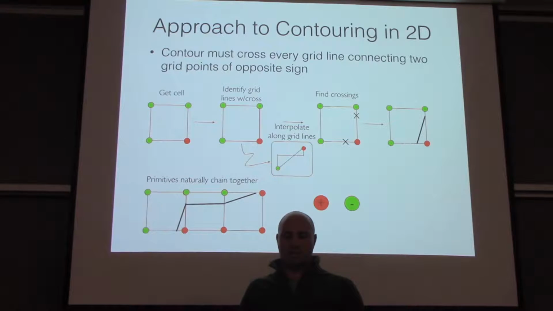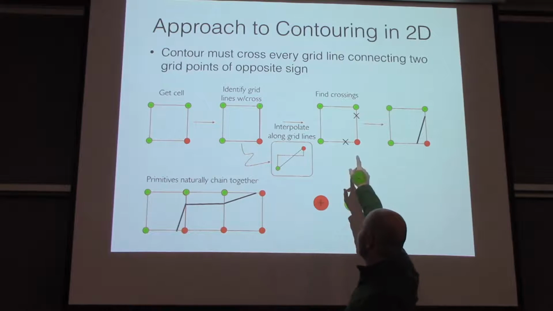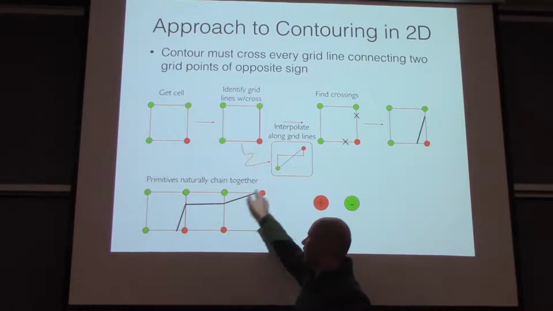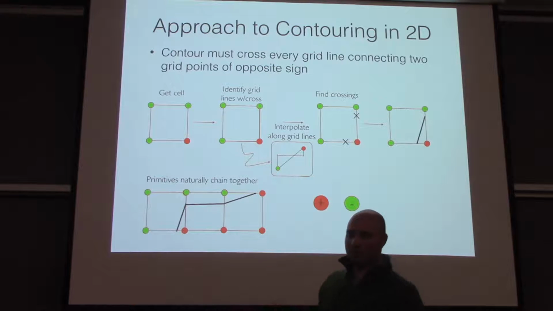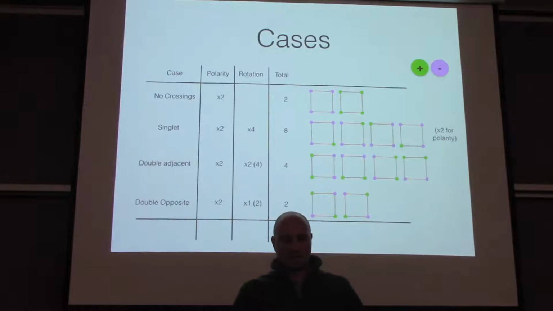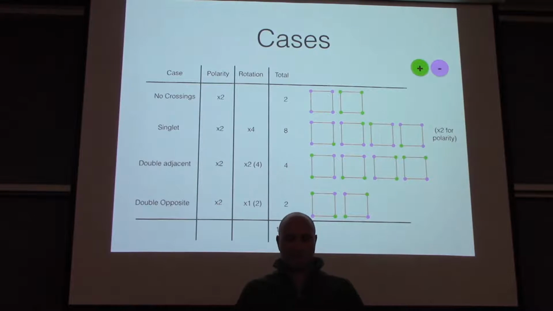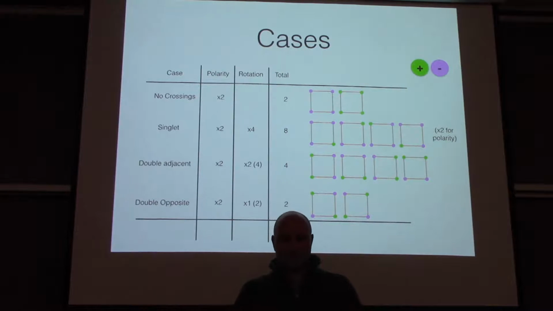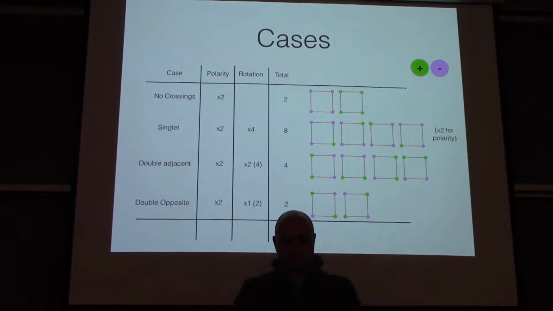And when those crossings happen, that's where you actually want to place vertices. So if you connect all these vertices together in the form of a polyline, you end up with your contour. Easy peasy. And in 2D, you have, I think it's 15 different cases that you need to look at. There's actually a way of simplifying this down further, but without taking advantage of symmetry, it's 15 cases.